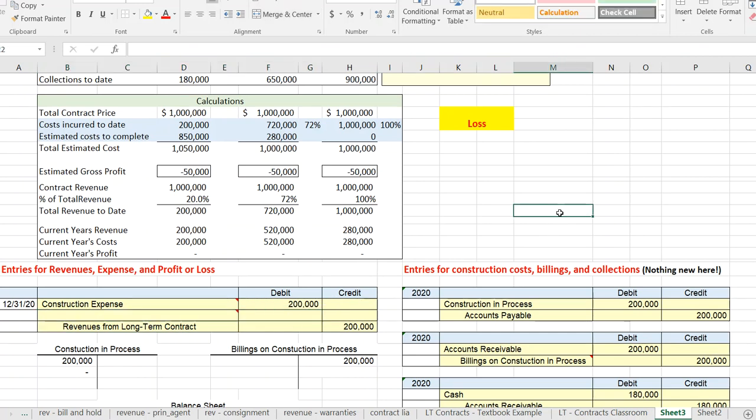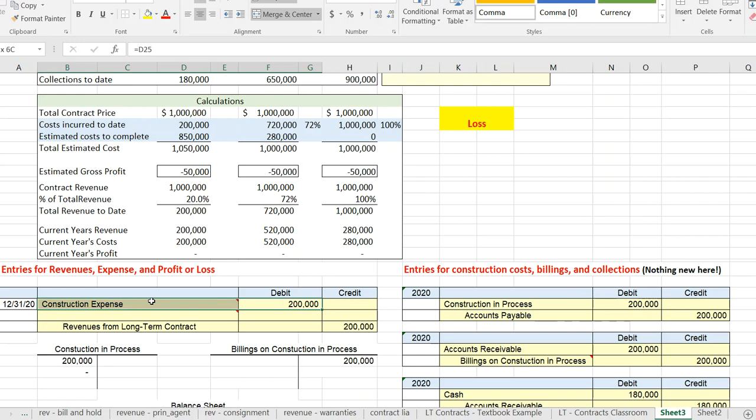If we expect to incur a loss on the contract, we're going to want to report an expense equal to the cost we've incurred, so $200,000. But we're also going to want to increase that for the amount of expected loss. We record all of the loss as soon as we expect to incur it.